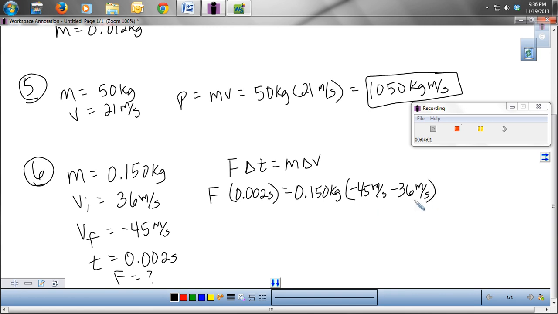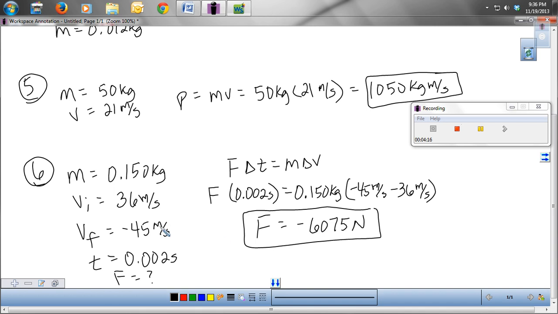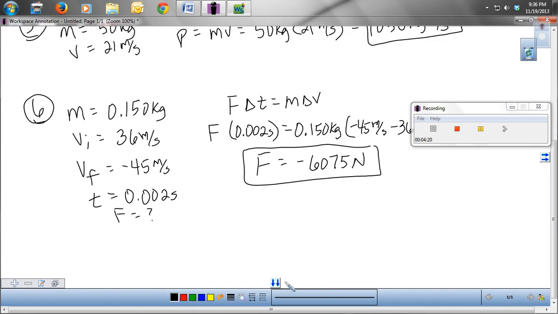So I have a negative 81 right there times 0.15, and then that gets divided by 0.002. And so I find the force delivered is negative 6,075 newtons. And the negative just tells me that it's moving in the direction that the ball left the bat with, so that's fine. Number 7.